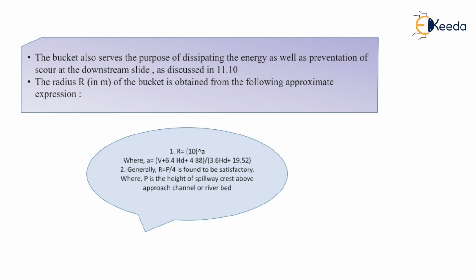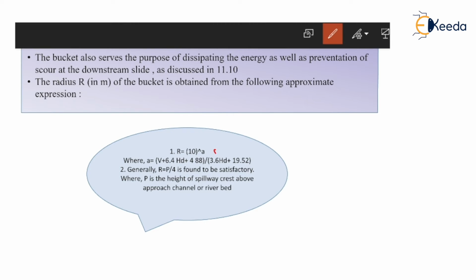So for this, here we have an equation. We need to find out the radius of that bucket. The general equation we have is that R can be found out by using 10 raised to alpha, and this alpha is again found out by using this equation. But it totally depends upon the velocity, the V factor and the design head factor. Then we put this value in this equation and find out R. But generally it is said that R should be adopted as P by 4.